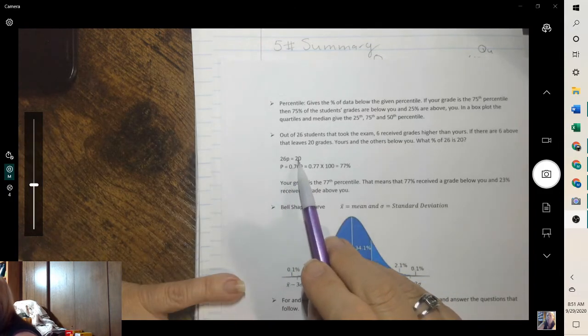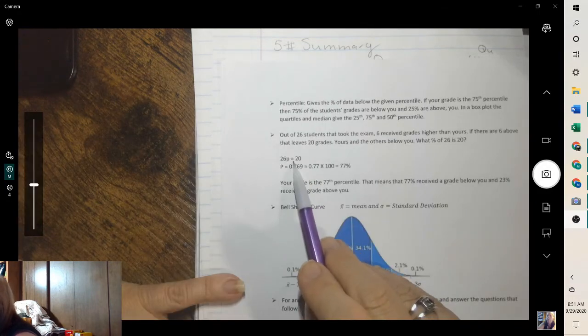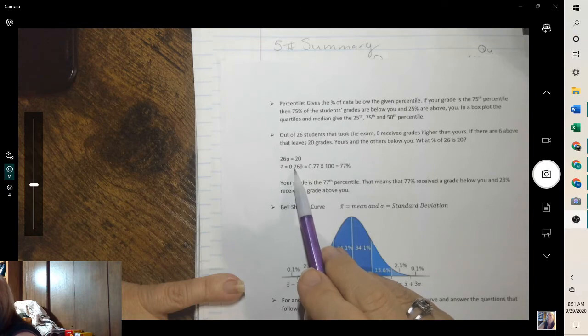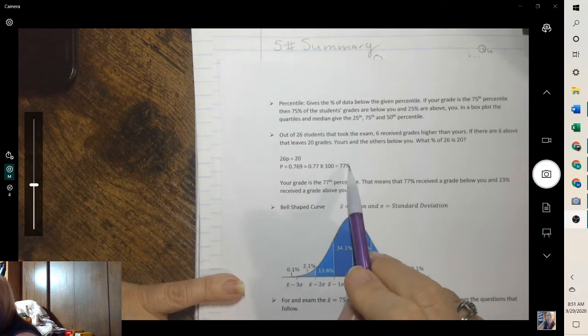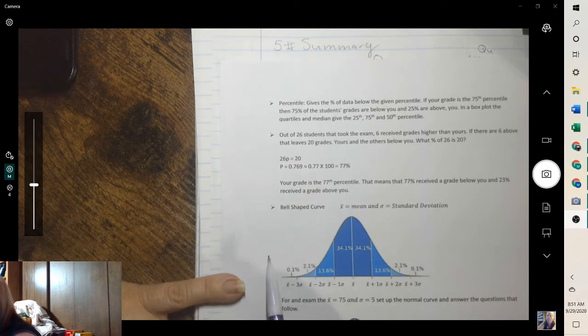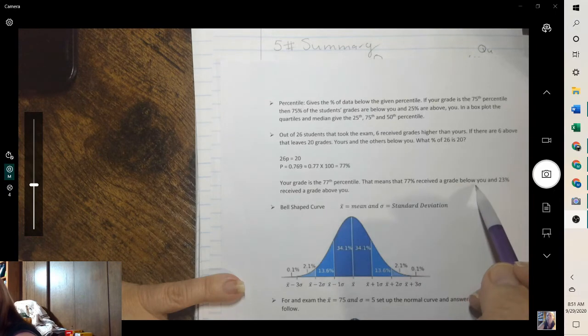It's 26 students, 20 were you or below. Then you divide by the 26, and you get 0.769. Multiply it by 100, you're the 77th percentile. That means 77% received a grade below, and 23% above.